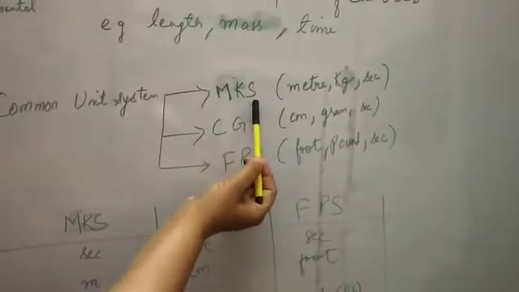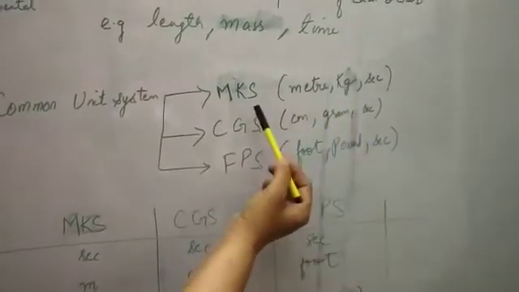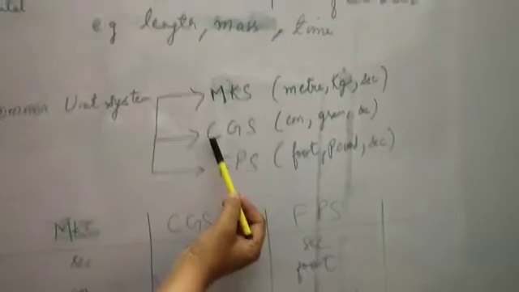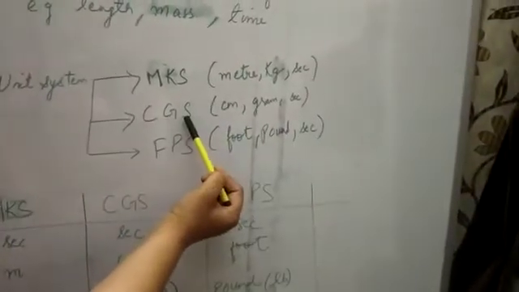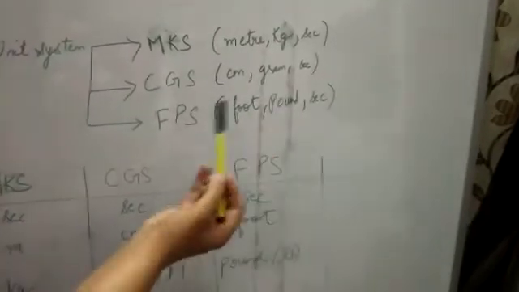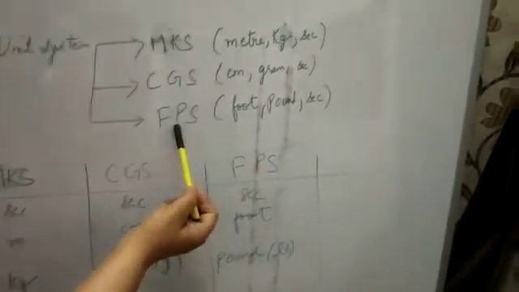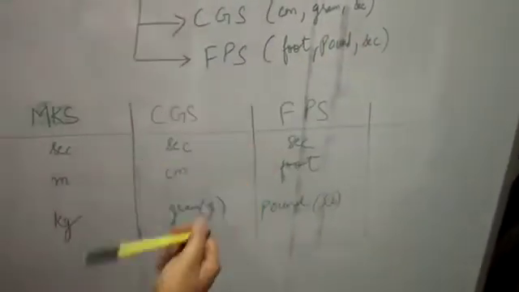MKS means M stands for meter, K stands for kilogram, S stands for second. In CGS, C stands for centimeter, G stands for gram, and S again stands for second. In FPS system, F stands for foot, P stands for pounds, and S stands for seconds.